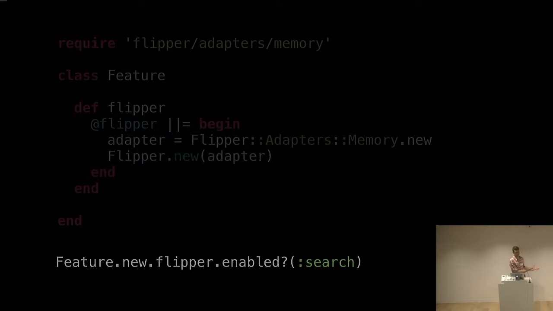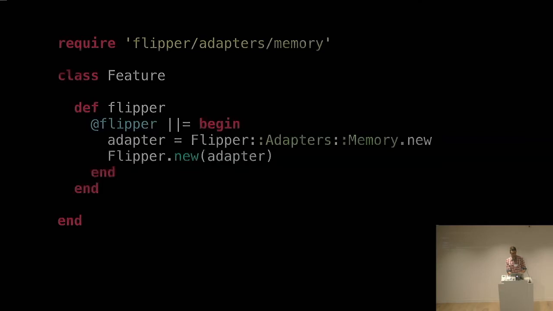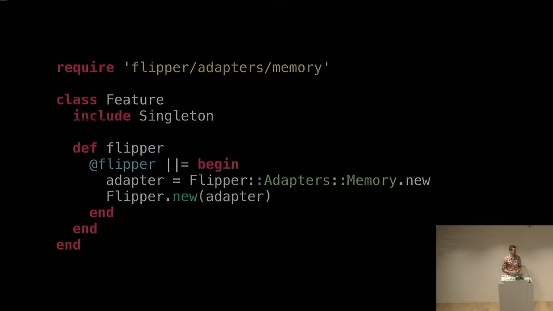Feature.new.flipper.enabled. It's kind of way too long, so let's see how we can make it better. Since we only need one Feature class for the whole Rails application, we only need one instance. So let's make it a singleton and include the Singleton module in it.